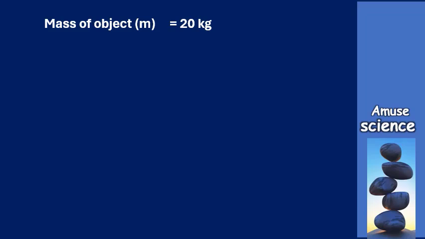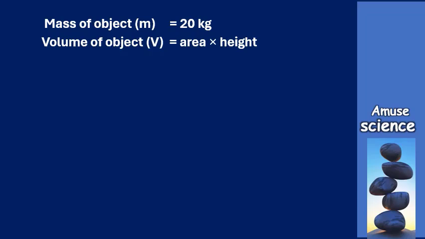We were given the area and the height. When we multiply the area and the height, we get the volume of the object. So the volume is equal to 25 cm squared times 4 cm. This will give us 100 cm cube.